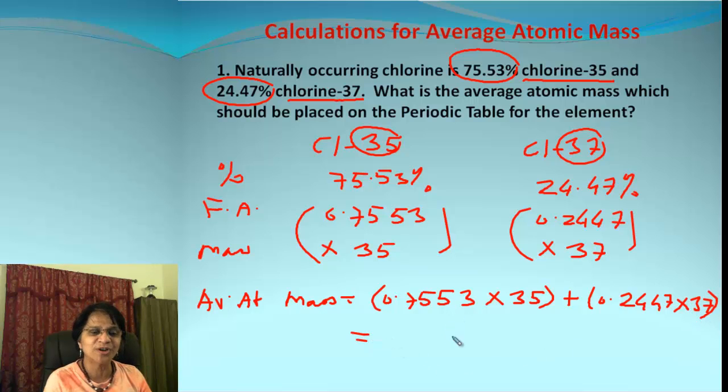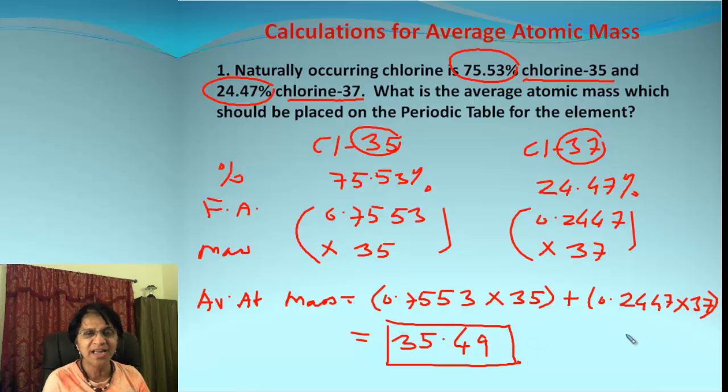And when we solve that, what we get is 35.49. This is the average atomic mass of chlorine, which is what is listed in the periodic table.